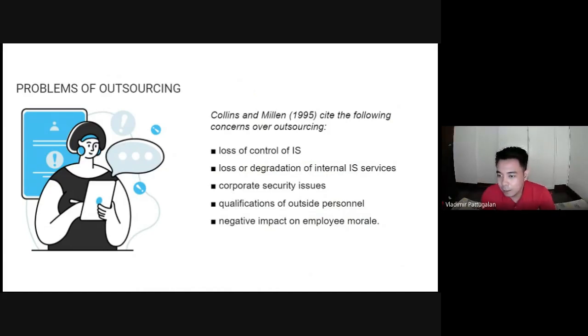And fifth is the negative impact on employee morale. As mentioned earlier, I think the outsourcing increases efficiencies sometimes or transfers specific functions to a third party.